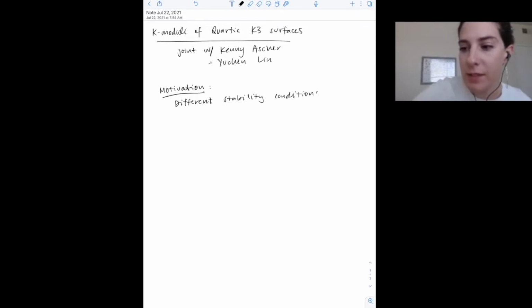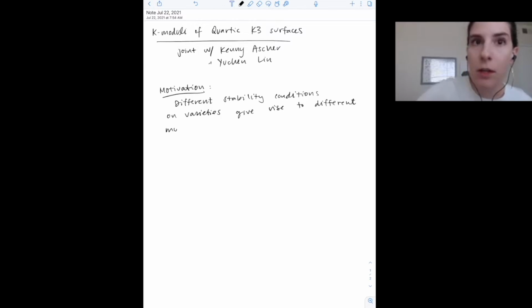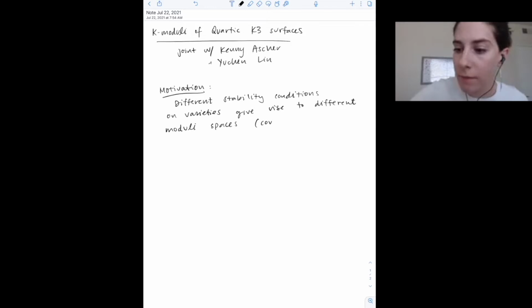This is intentionally informal. And we see this for curves. And generally, I'm going to be talking about compact moduli spaces.